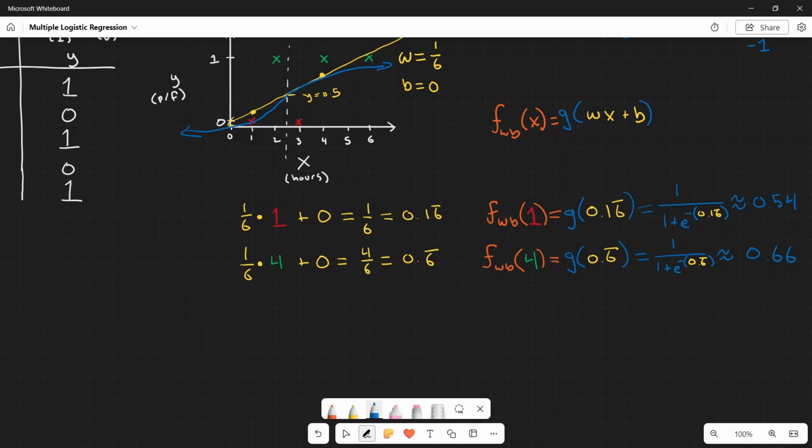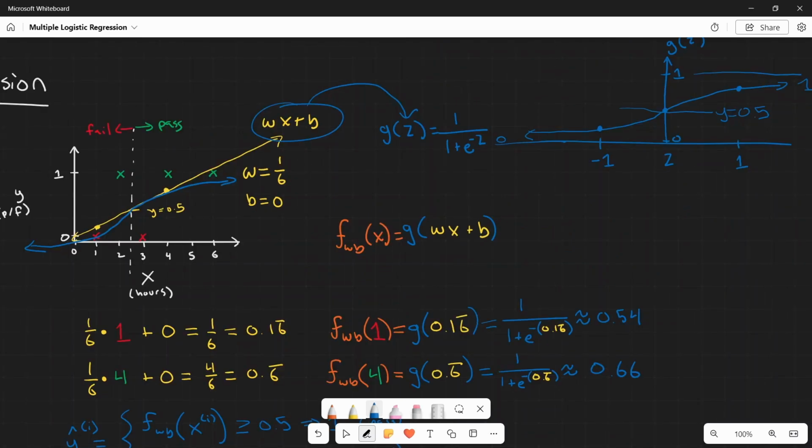Then what we can say is y hat at i is going to be equal to 1 when f of wb at x of i yields a value greater than or equal to 0.5. And if f subscript wb of x of i is less than 0.5, then y hat should return 0. And these are our predictions whether the student either passed or failed.